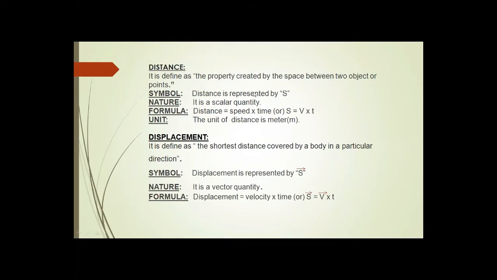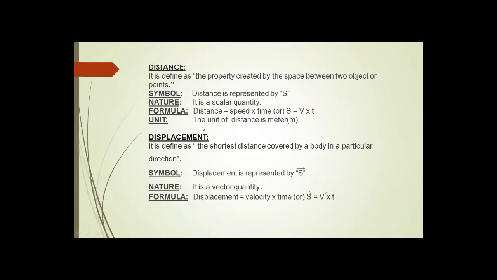Now the symbol which we use to represent distance is S, and the formula for finding the distance is distance equals speed multiplied by time. According to the symbols, S is equal to V, meaning speed, multiplied by t, meaning time. So the formula for distance is S = V × t.